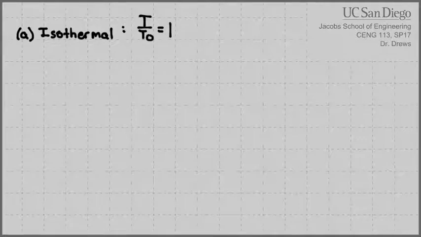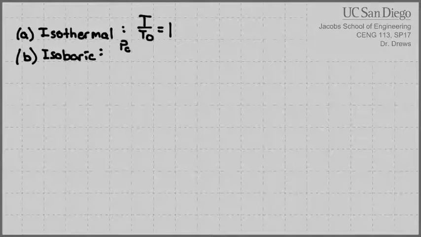Right? The inlet temperature is the same as the outlet temperature. If we're talking about an isobaric system, that should be another one that sounds familiar. Isobaric is P0 over P is equal to 1.